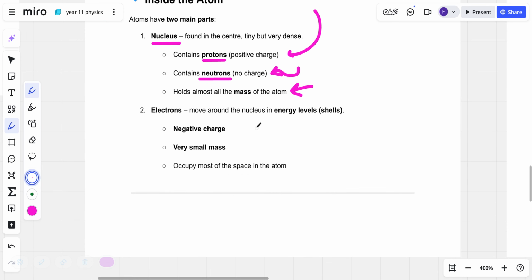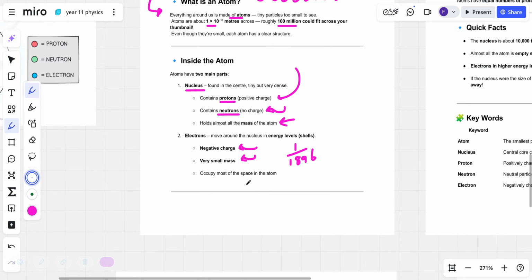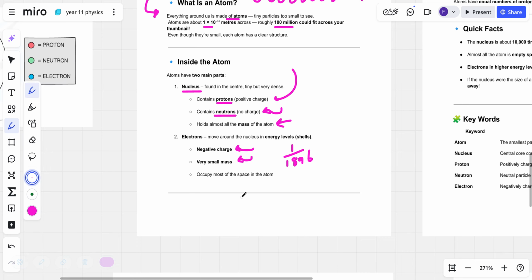Electrons are negatively charged and very, very small. Off the top of my head, I think they're 1,896 times smaller, and I may forget. They whiz around the outside. They occupy most of the space, which is weird. They make up the least amount of mass, yet they occupy most of the space.